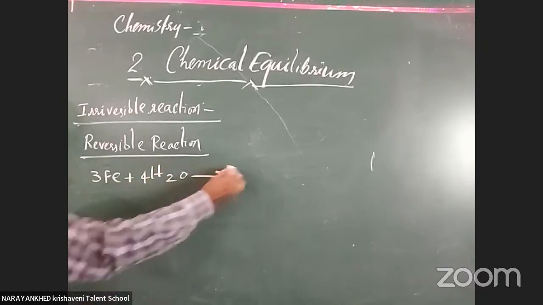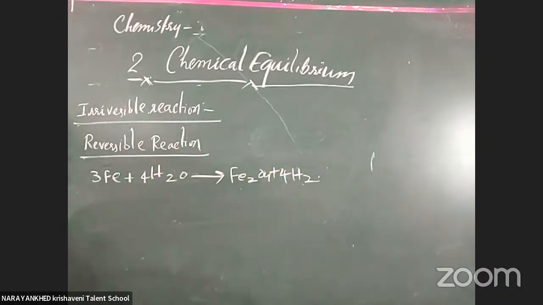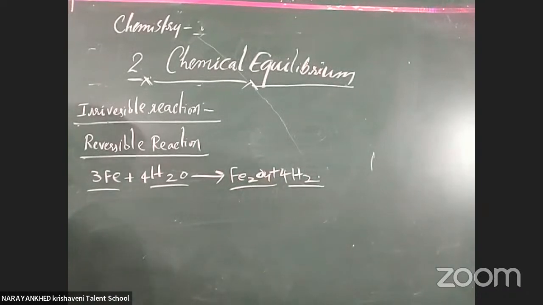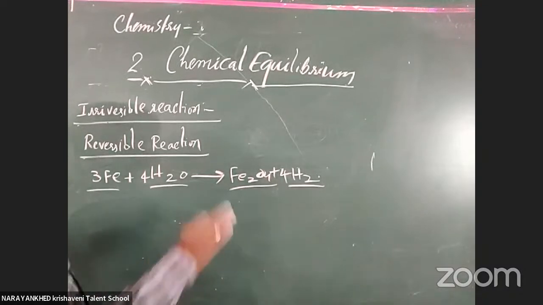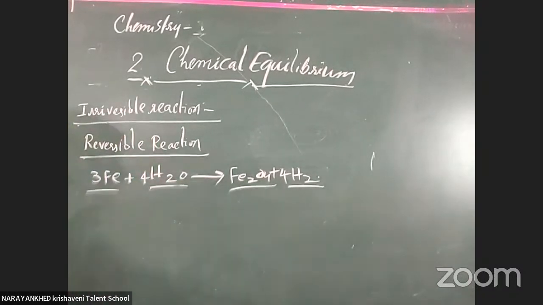It produces ferrous oxide and hydrogen gas. According to an irreversible reaction, we would not get back the iron and hydrogen. But here we do get iron and hydrogen again. After some time, the ferrous tetroxide formed reacts with the hydrogen, and it gives back the iron as well as the water.